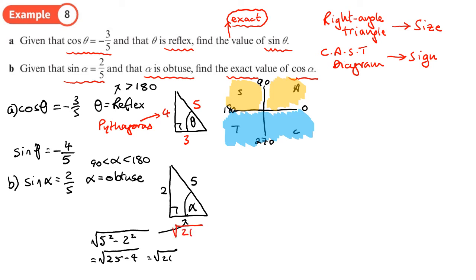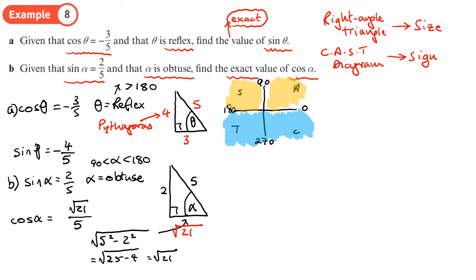We're not going to change it to a decimal. So what does that tell me? I'm trying to find cos alpha. So I found out that cos alpha, its value or its size, is going to be the adjacent over the hypotenuse, root 21 over 5.